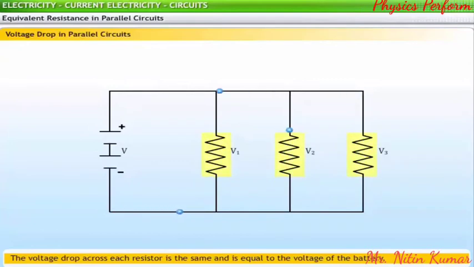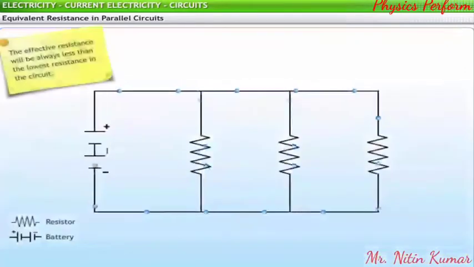The voltage drop across that resistor must equal the voltage of the battery. Put in equation form, this principle is expressed as V is equal to V1 is equal to V2 is equal to V3.